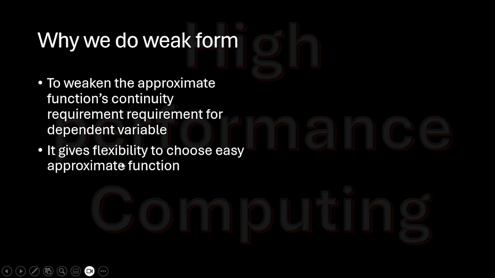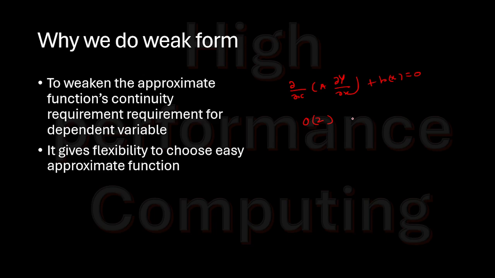It gives flexibility to choose an easy approximate function. Like in the strong form, del by del x of a del y by del x plus bx equals 0, it looks like u, so let me change it to y. Here the order is 2.